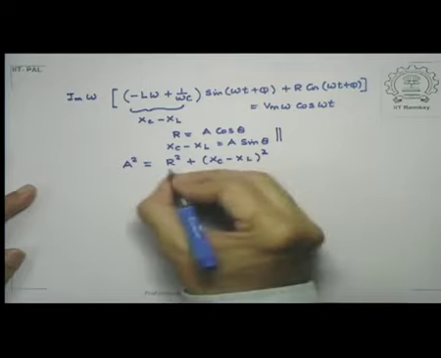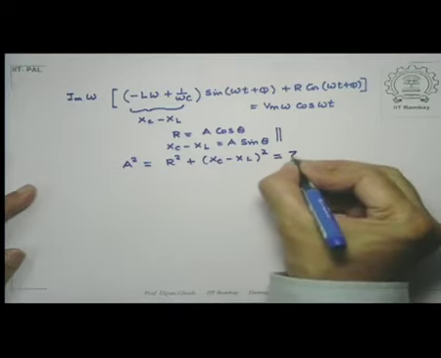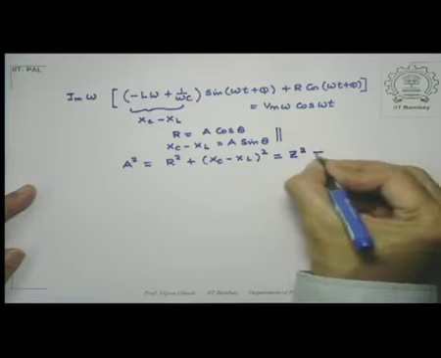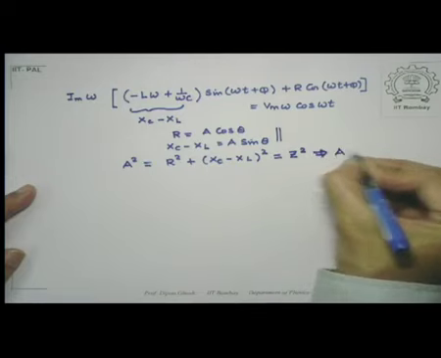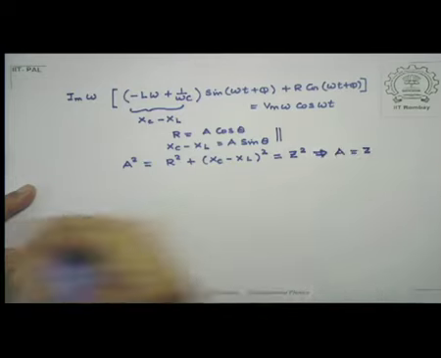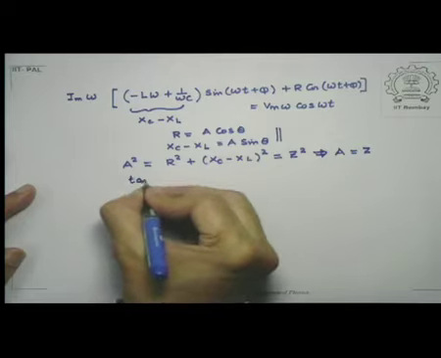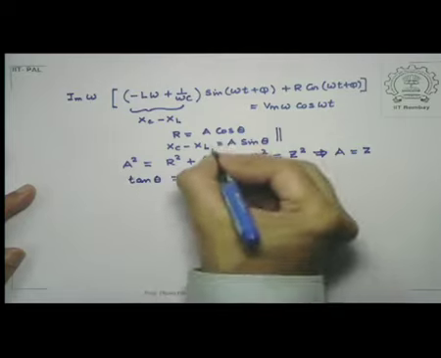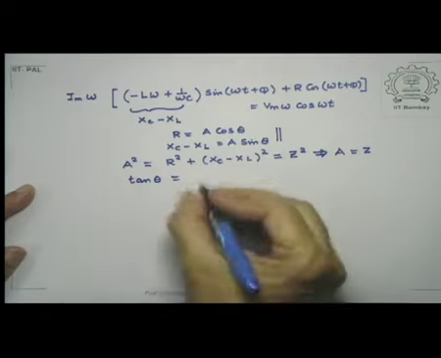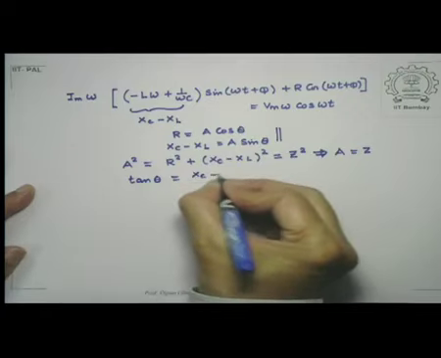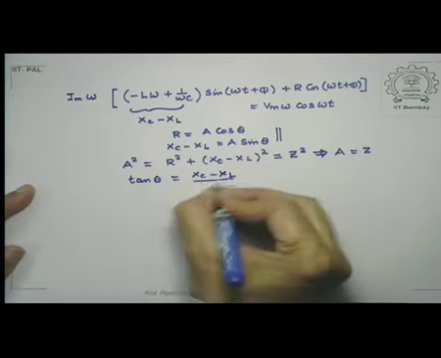And that, if you recognize, is nothing but the impedance square, Z square, which tells me that a is simply equal to Z, and tangent of theta, obtained by dividing the second by the first, is Xc minus Xl divided by R.